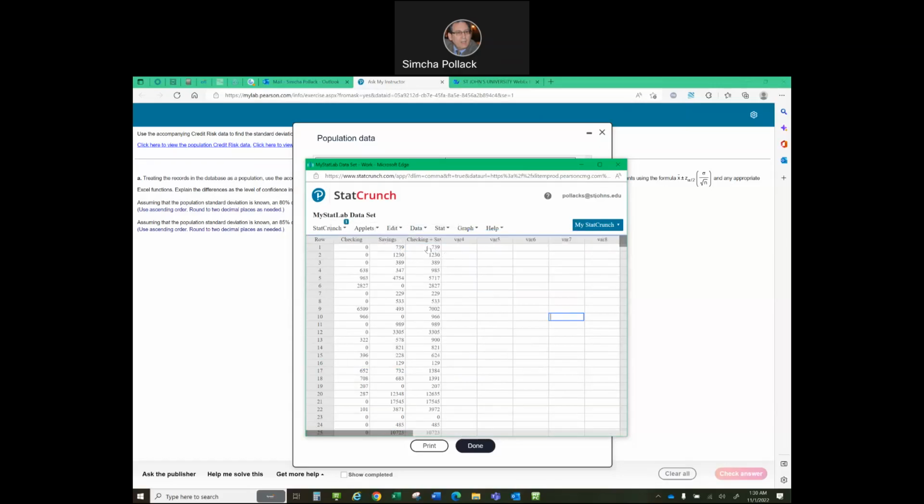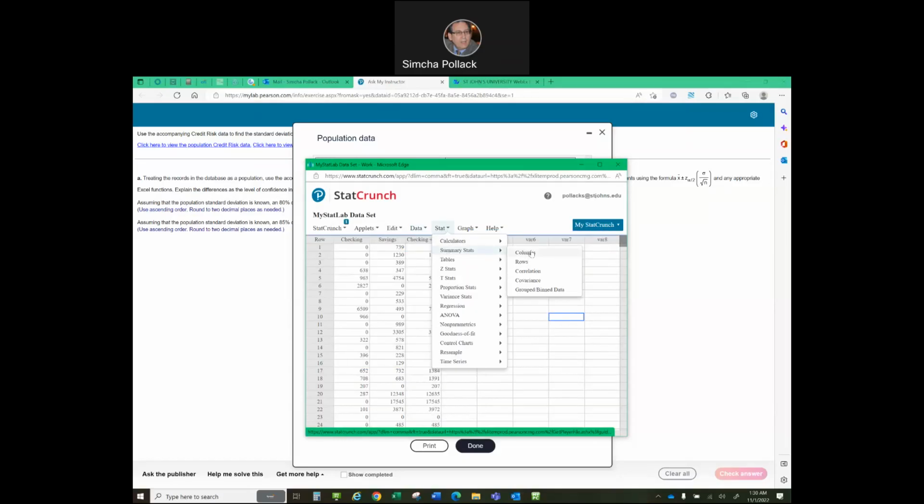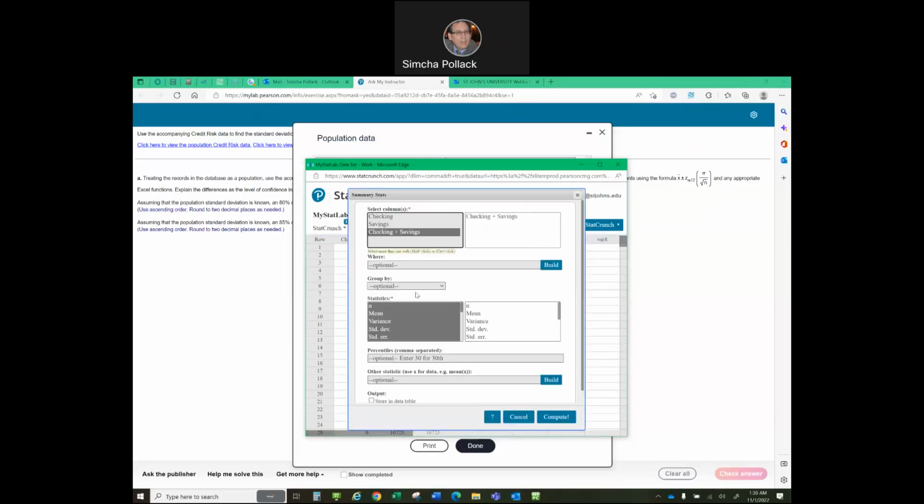Now, what is the standard deviation of this column of data? So we go to stat, summary stat, columns. We want this column. And here's where you have to be a little more precise. We want the unadjusted. I guess it's a subtlety. The standard deviation of a sample has an n minus 1 on the bottom.